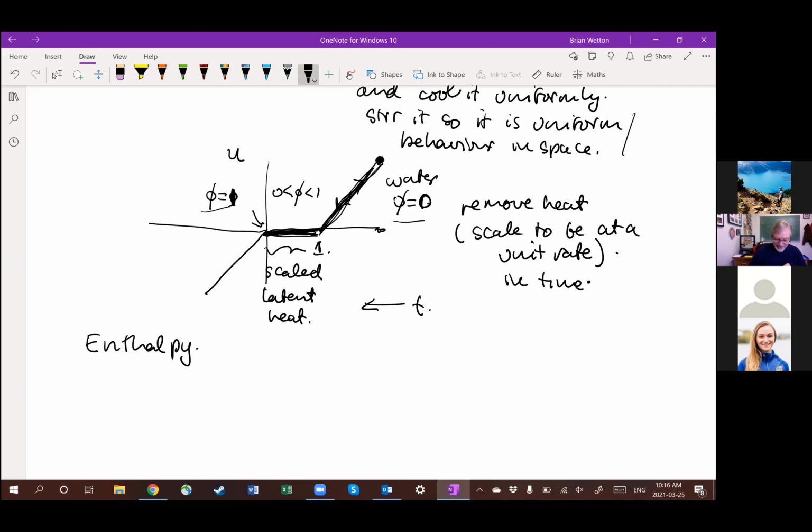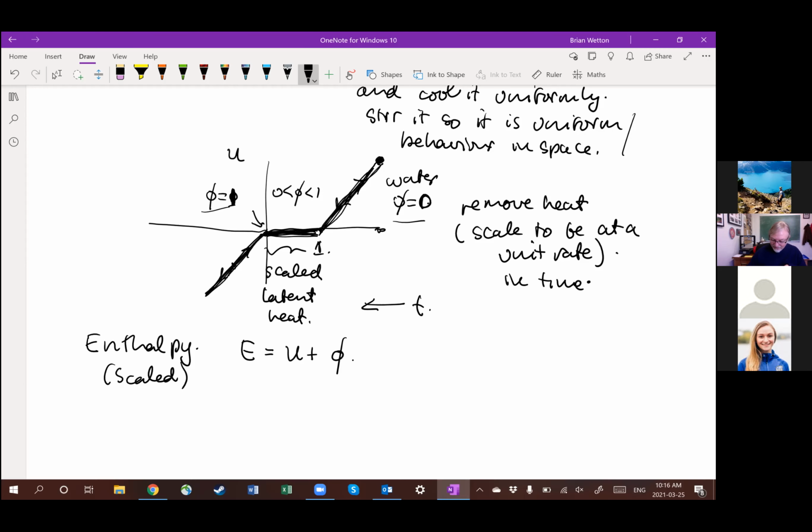And if you're over here where you're completely ice, then adding and removing heat is just taking you back and forth here. So the enthalpy, which is all scaled, is just U plus phi.